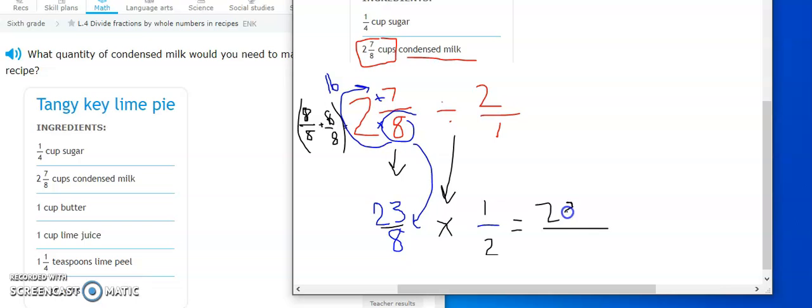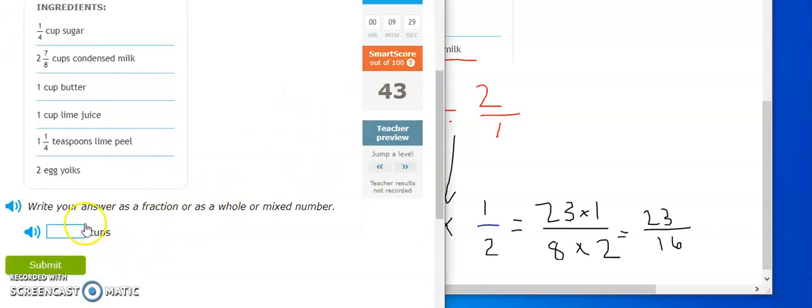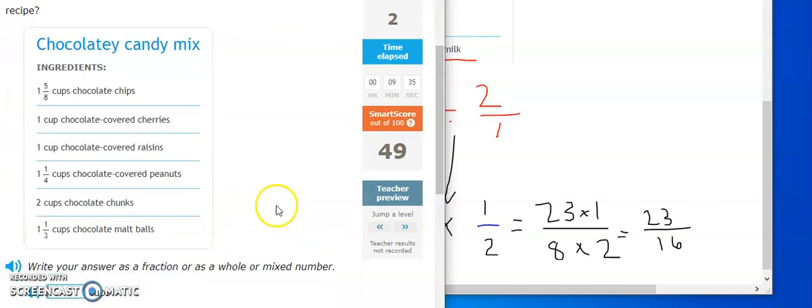So 23 times 1 gives me my new top number, and then 8 times 2 gives me my new bottom number. So I have 16 on the bottom now and 23 on the top. So it should be 23/16 cups of condensed milk in my half recipe. And I can just type it in like that, 23/16, and that is my answer.